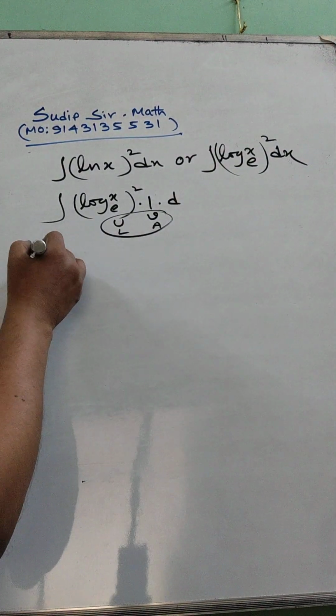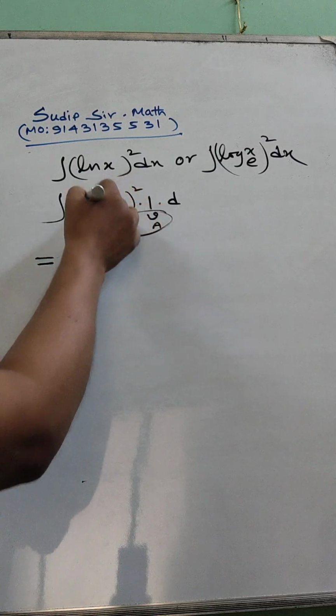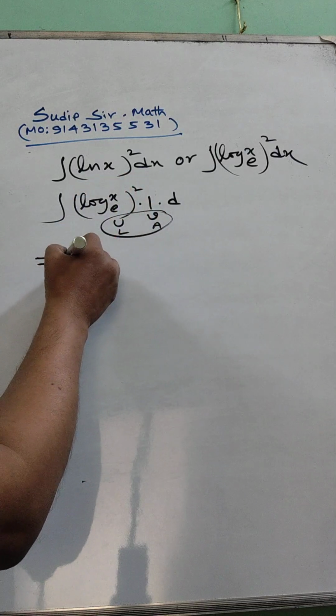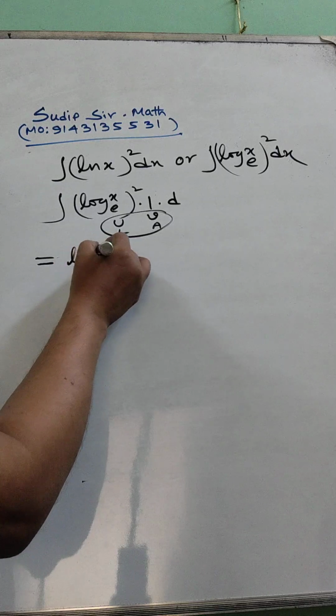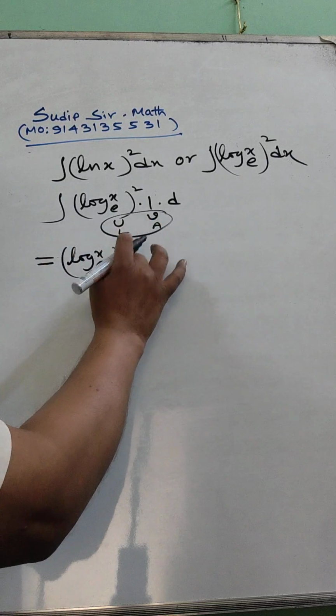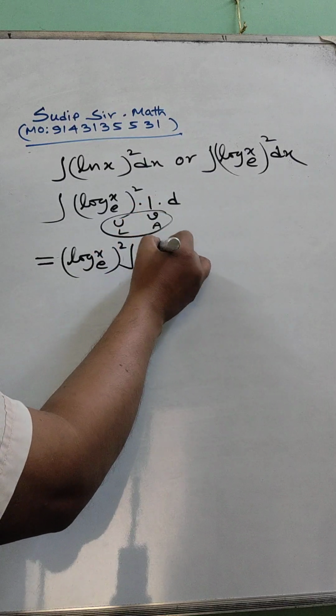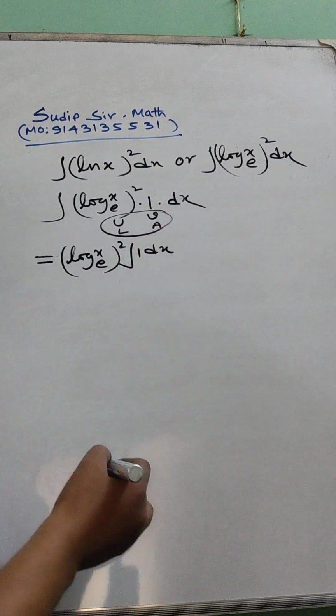So use that formula. This is u, that is log x base c whole square, integration of v dx, that is 1 dx, okay.